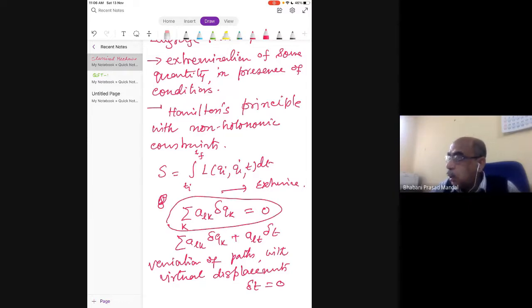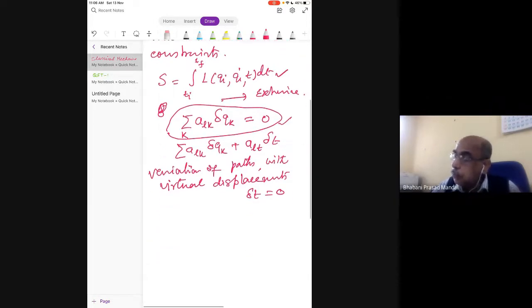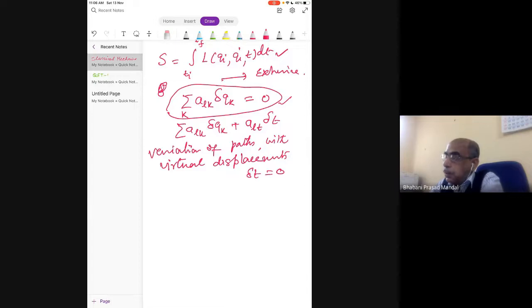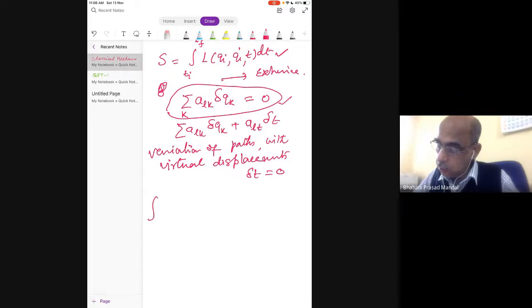Okay. Now we'll use the Lagrange multipliers method, the variation of this and the variation of this with the Lagrange multipliers lambda, and then we'll get the equation of motion. From the variation of the action, we know you get the integral from t initial to t final of dt, then d/dt of del L del q_i dot, times delta q_i.